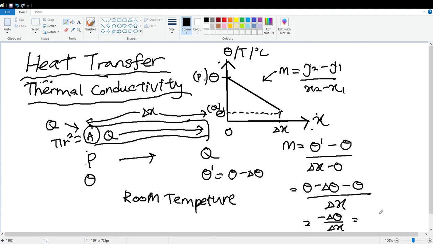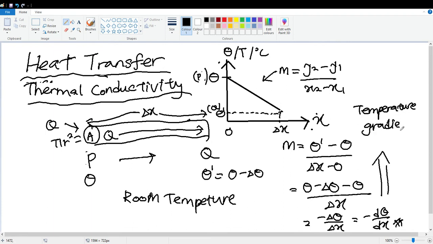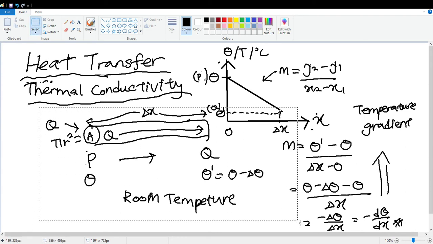So the gradient is d theta over dx. This is what we call the temperature gradient. This is the first component that we need for the formula of thermal conductivity.